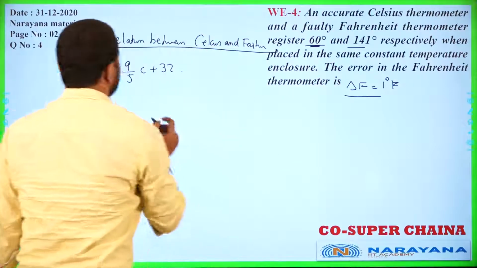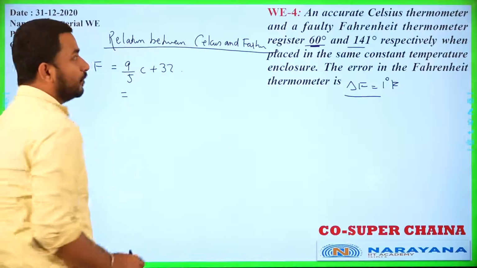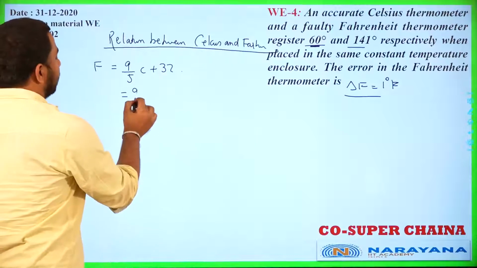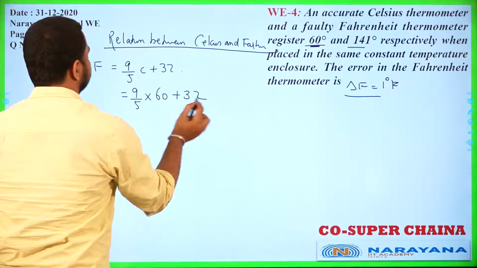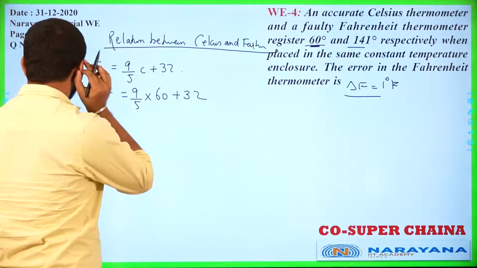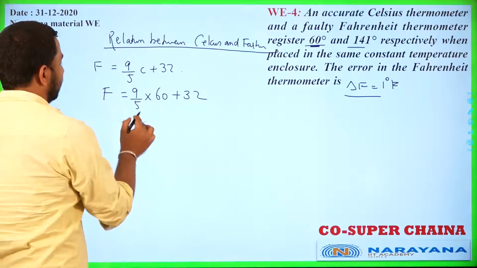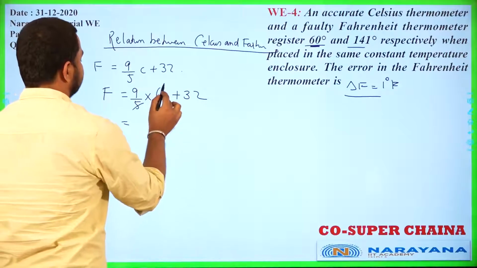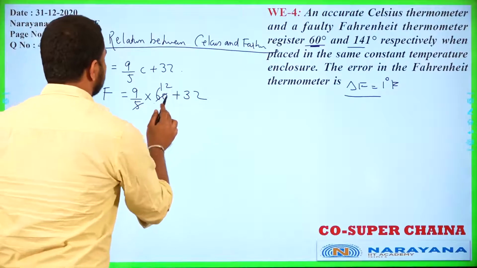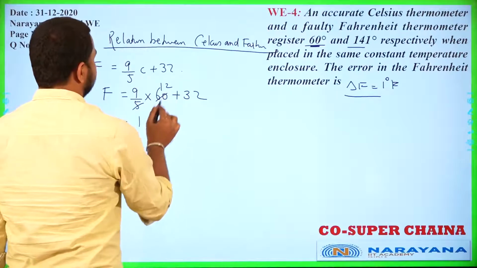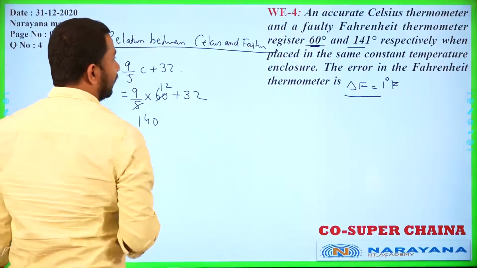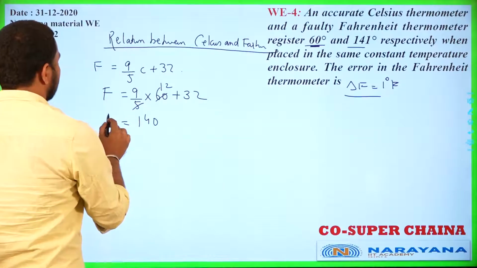So Celsius is correct, and we plug in the value: 9 by 5 into 60 plus 32, which comes to 140.